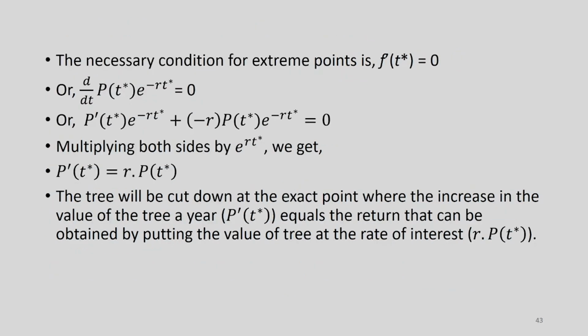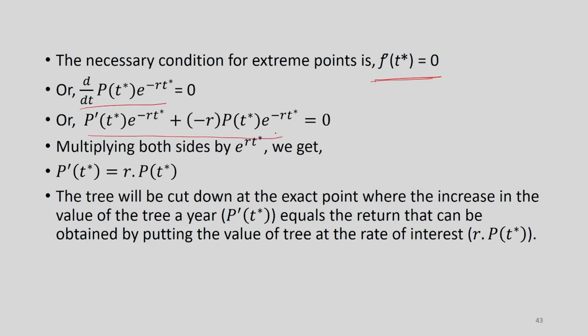Now, the necessary condition for extreme points is that it has to be a stationary point. So F dash of t star is equal to 0, where t star is the t at which the present discounted value is maximized. We are using the condition that the first derivative is equal to 0, which is just an application of derivatives.